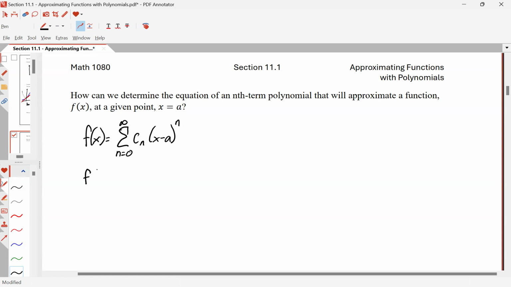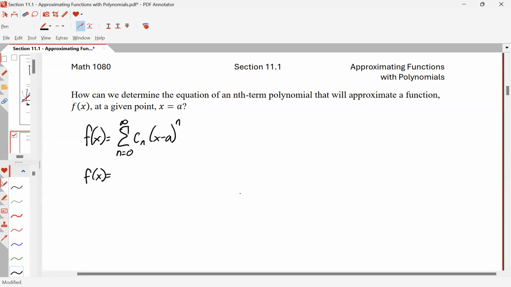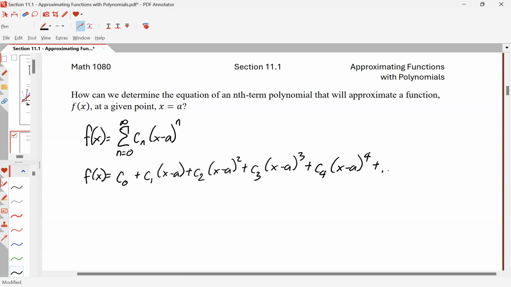Well, writing out a few of these terms, f of x would then be equal to c sub 0, x minus a to the 0 is 1, so I'm not going to write x minus a to the 0, plus c sub 1, x minus a to the first, plus c sub 2, x minus a squared, plus c sub 3, x minus a cubed, plus c sub 4, x minus a to the fourth, and so on.